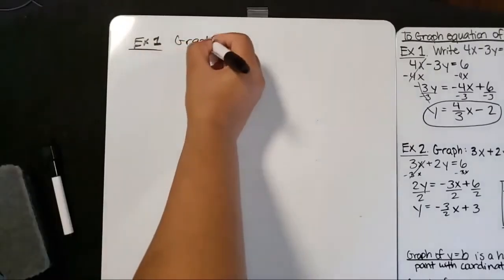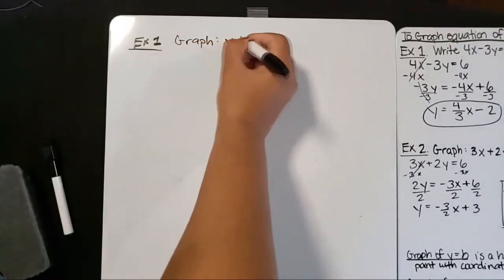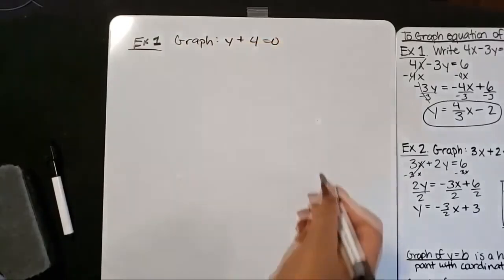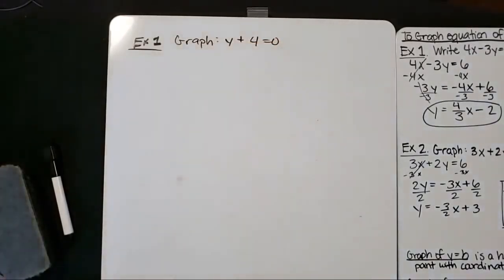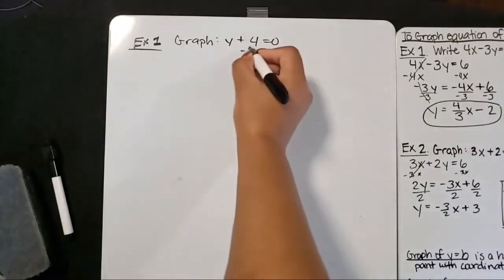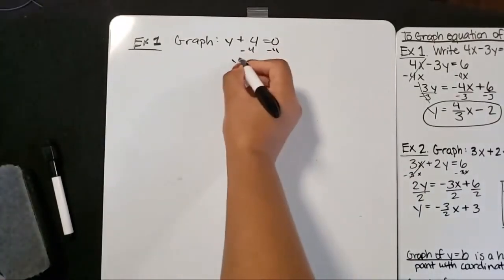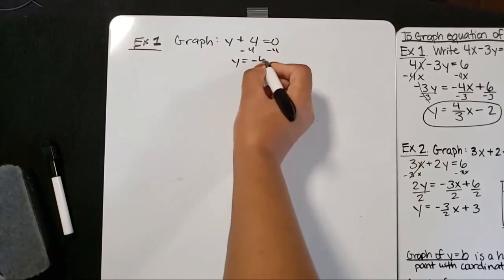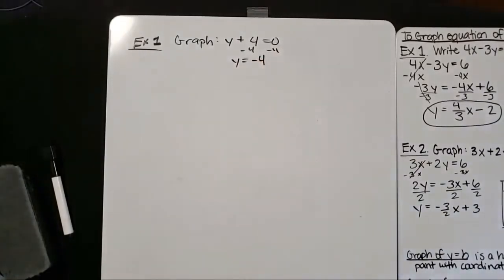We're going to graph y plus 4 equals 0. Okay? So in order to graph this, we need to first solve for y. So we will subtract 4 on both sides, and we have y equals negative 4.